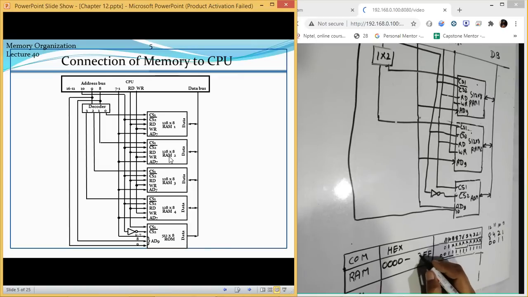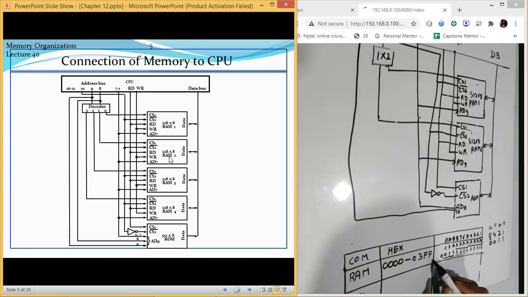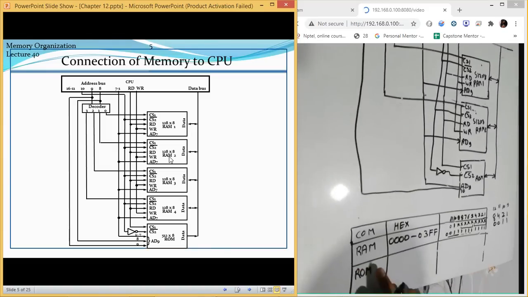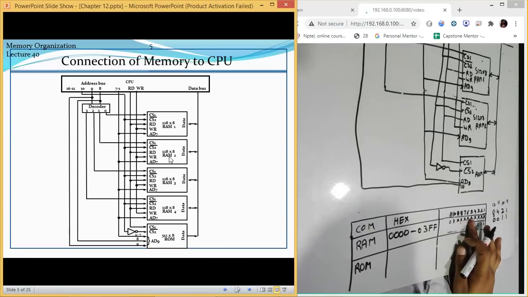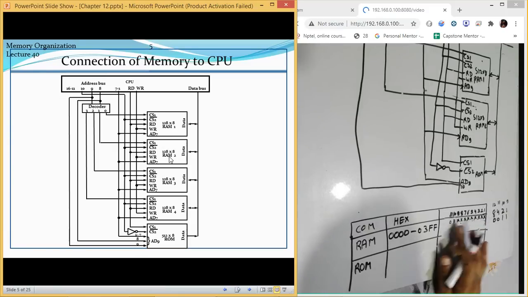So this will be 3 and this is 0. Why it is 3? Because this is 2 plus 1. And the last bit up to 16th bit is 0. So this is why we have a RAM chip limits starting from 0000 up to 03FF. This is the address which we have got for the RAM.